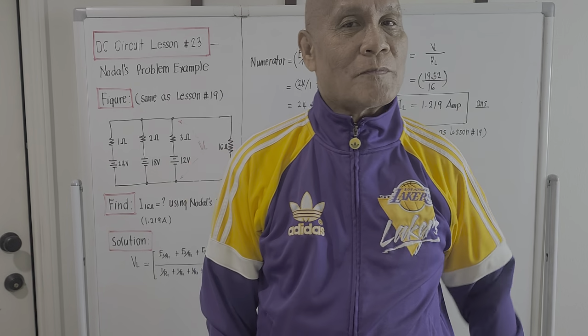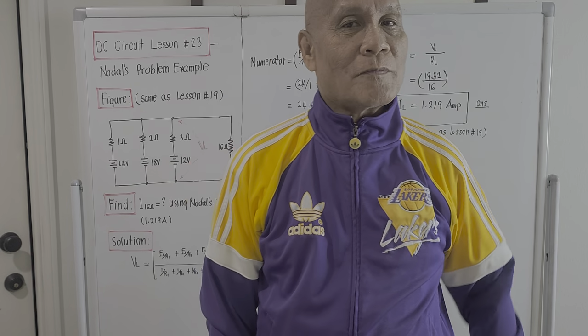Okay, I will try to read the equation. This was derived using the concept of lesson number 22, that is the Nodal's theorem concept. BL, the node voltage, the voltage across this node or junction, is termed as B sub L. And according to lesson number 22, that B sub L is actually being presented by this equation here.